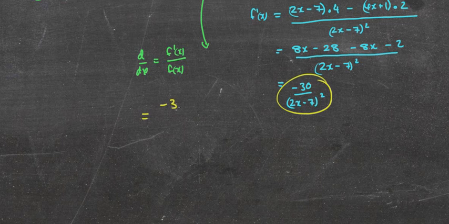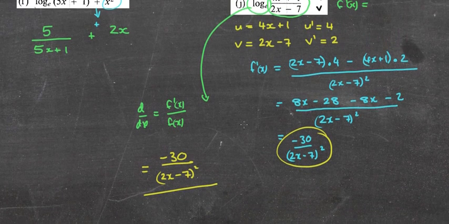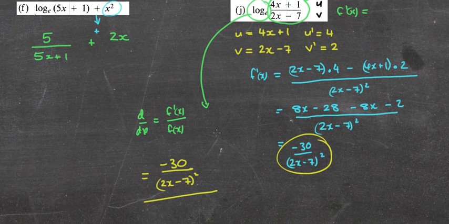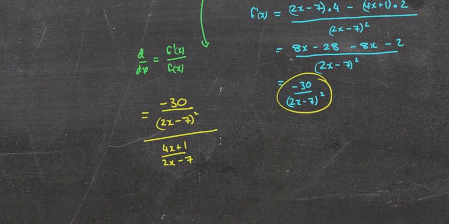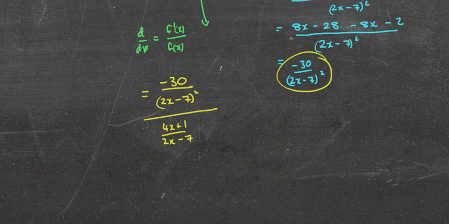So minus 30 over 2x minus 7 all squared over what f of x was. So f of x, as you can see in the question there, I'm running out of room, 4x plus 1 over 2x minus 7.